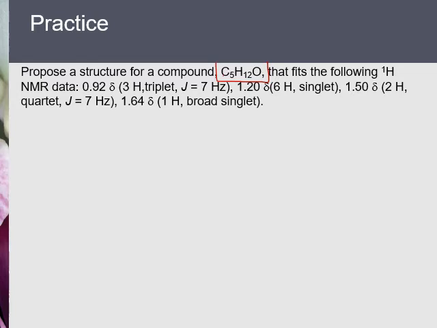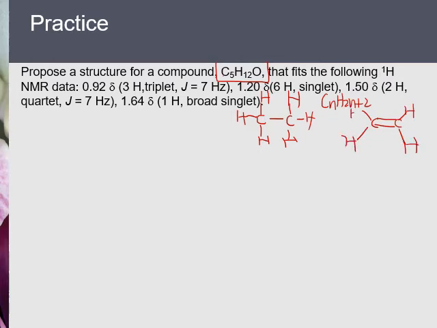For example, if you have an alkane with 2 carbons, it will have 6 hydrogens. The formula is CnH2n+2. Now, if this molecule loses 2 hydrogens, it will form an alkene and becomes 4 hydrogens.